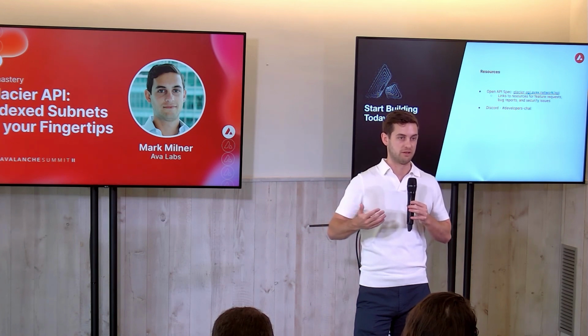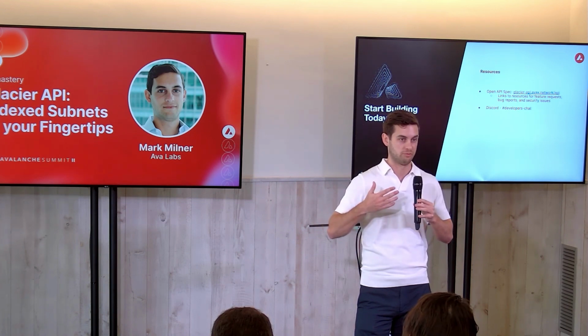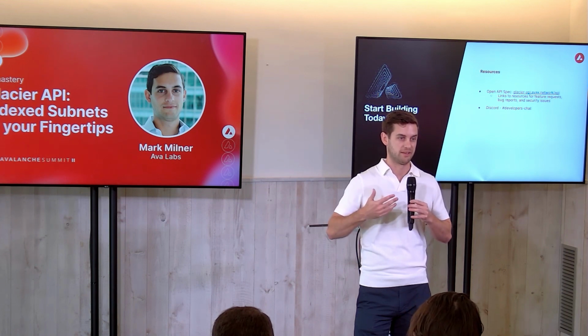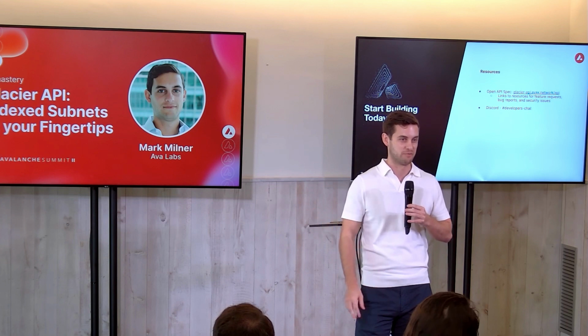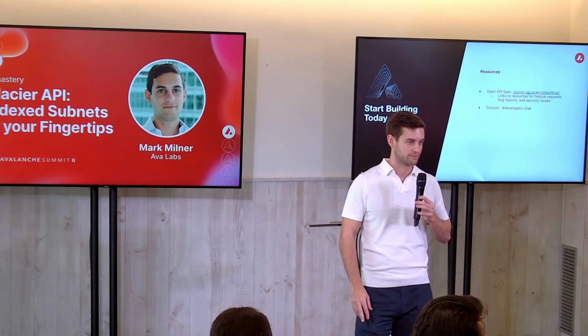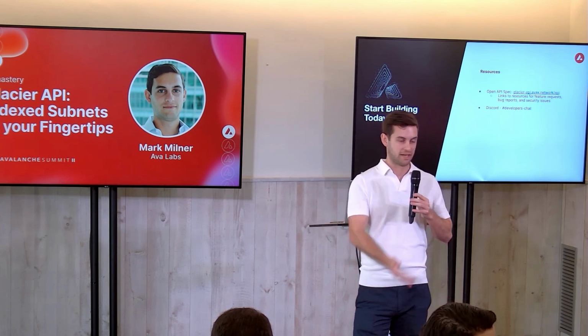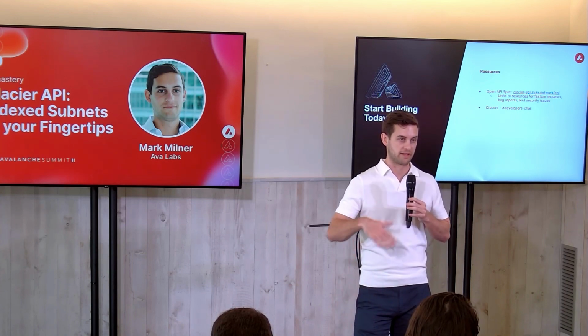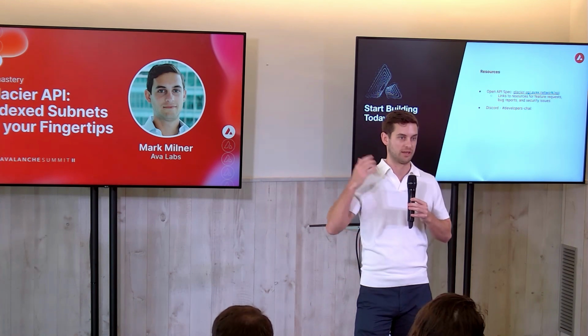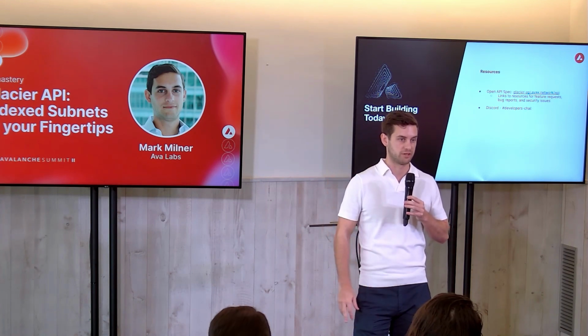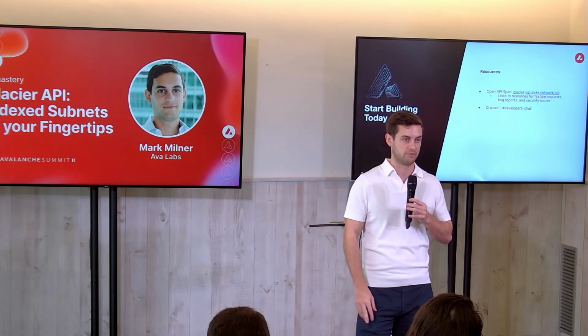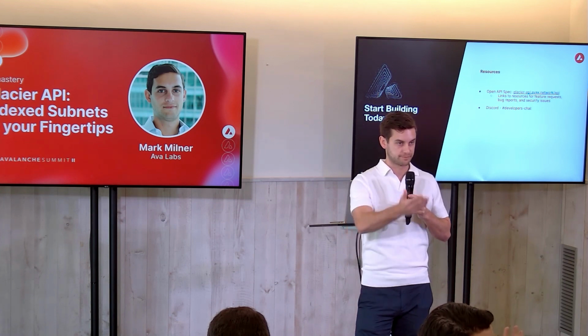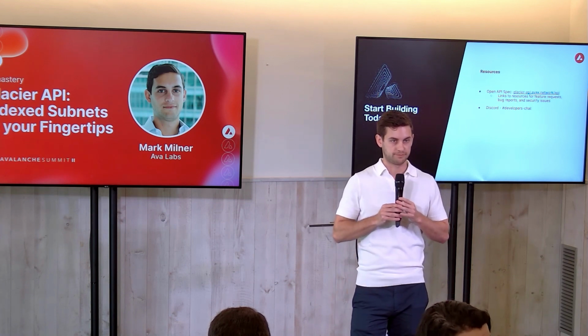Most of the subnets coming online where we have a relationship are asked this in the onboarding process. All right, thanks. And with our new Ava Cloud offering, some of that's going to be automated away, so you can say, hey, I want this to be indexed as part of Glacier, and it'll automatically be added when we spin up the subnet.